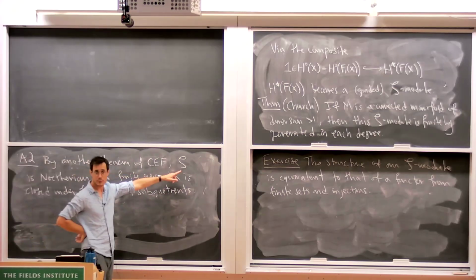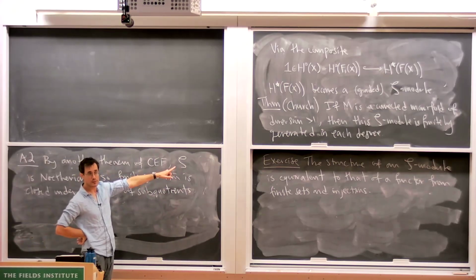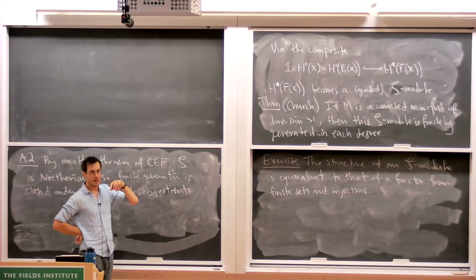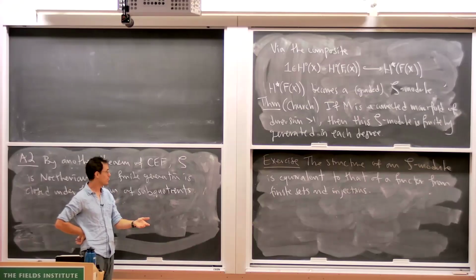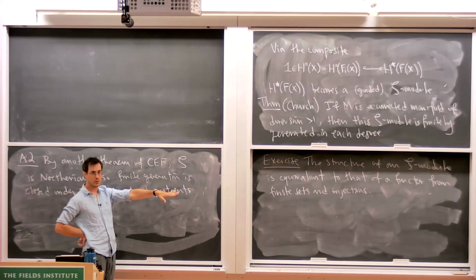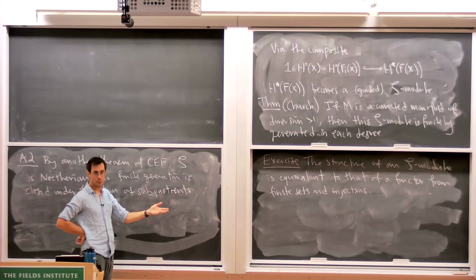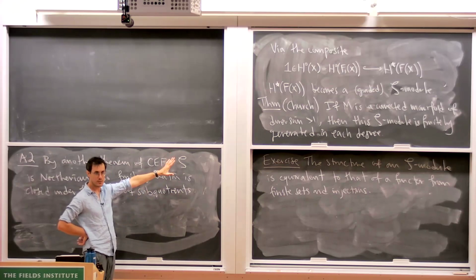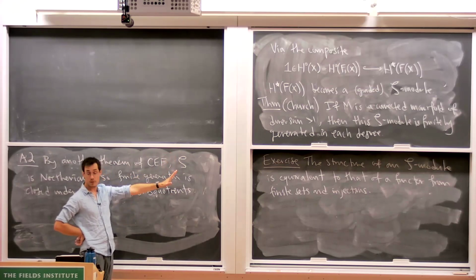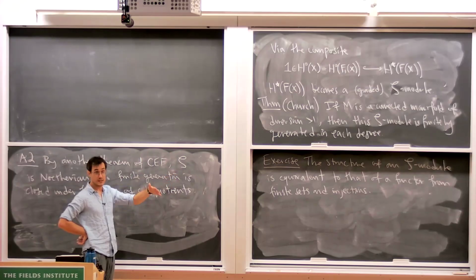Most twisted commutative algebras, or let me say it this way, I have no idea if what I was about to say is true. Many twisted algebras that you write down are not Noetherian, provably. Most twisted commutative algebras that you write down, even super reasonable ones, nobody knows how to prove that they are Noetherian. So this is a very, very special result. There's no general analog of the Hilbert basis theorem that is known.